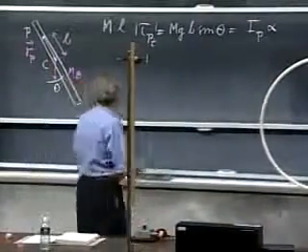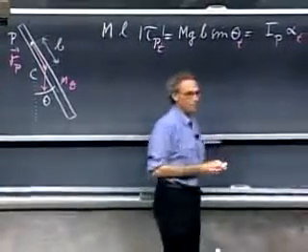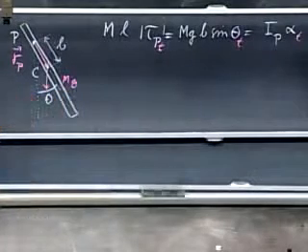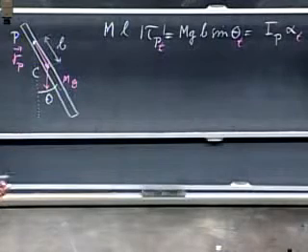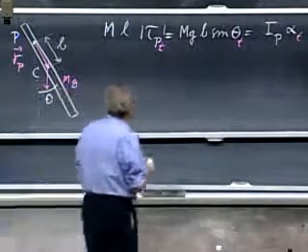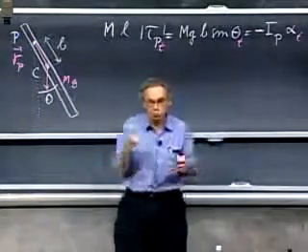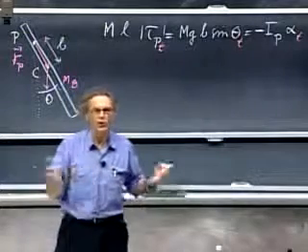Of course, this may change with time, and theta will change with time. However, there is one important thing. This torque is a restoring torque. It wants to drive it back to equilibrium. And therefore, we need a minus sign here for the very same reason that when we did the spring, the force was minus kx and not plus kx.